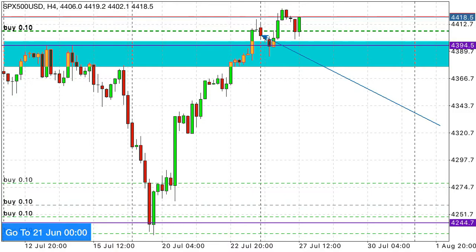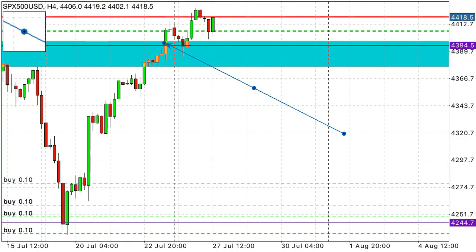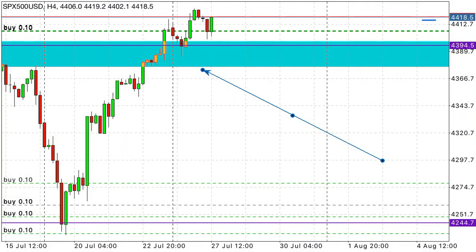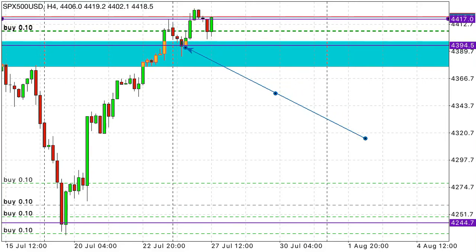Yes, if you check on 4 hour, this is the candle which broke above, and then price went up until 4417, and then from 4417 down to 4394, price was in a correction phase.